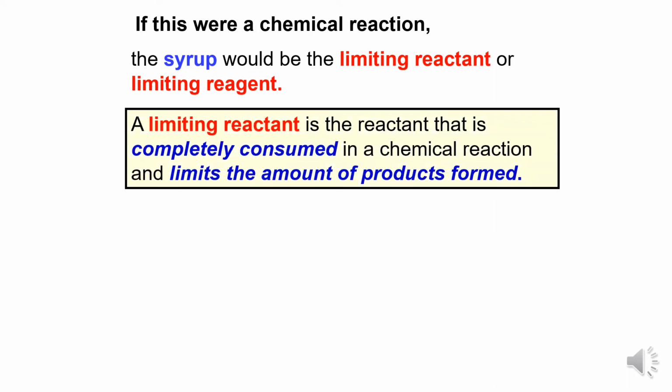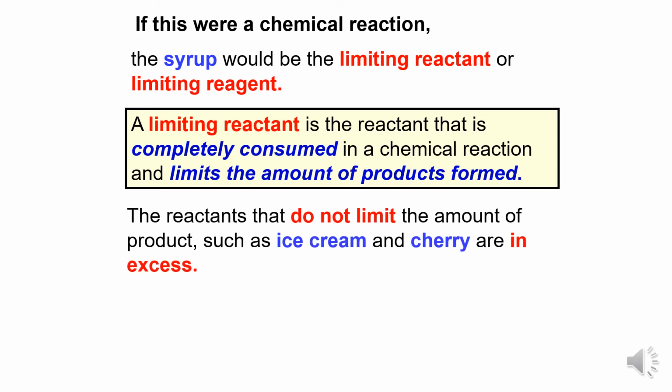So what is limiting reactant? Limiting reactant is the reactant that is completely consumed in a chemical reaction and limits the amount of product formed. The reactants that do not limit the amount of product, such as ice cream and cherry, are in excess.